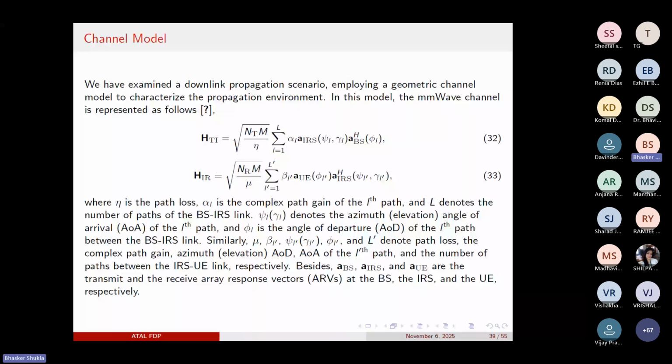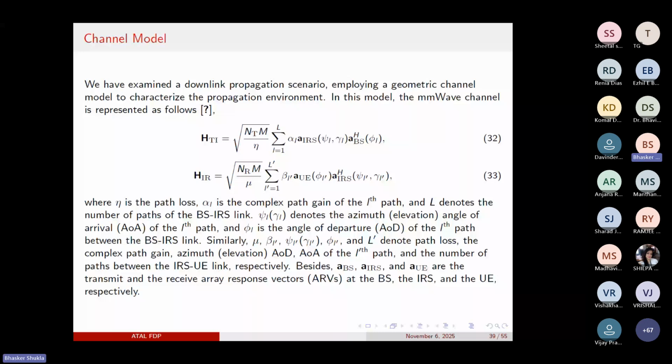Here we have considered the downlink propagation scenario, and here AIRS is the array steering vector corresponding to the IRS, ABS is the array steering vector corresponding to the base station, and AUE is the array steering vector corresponding to the user.